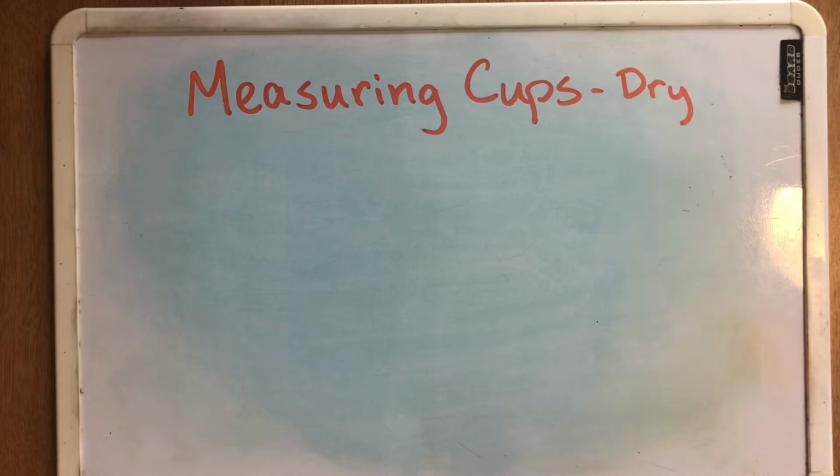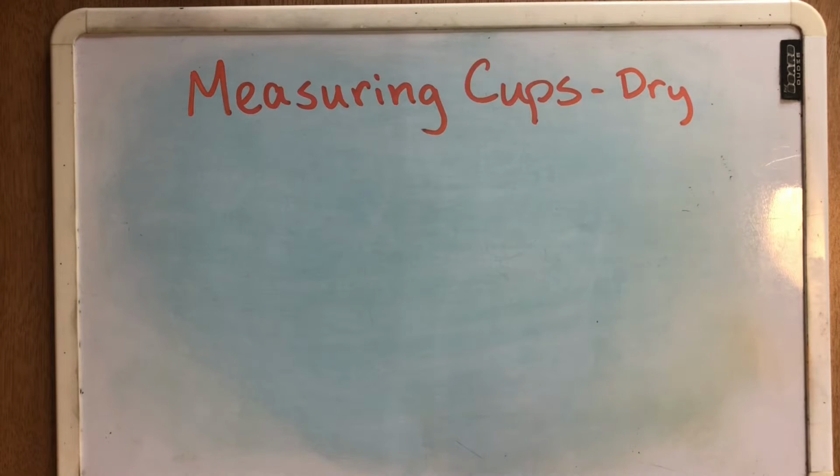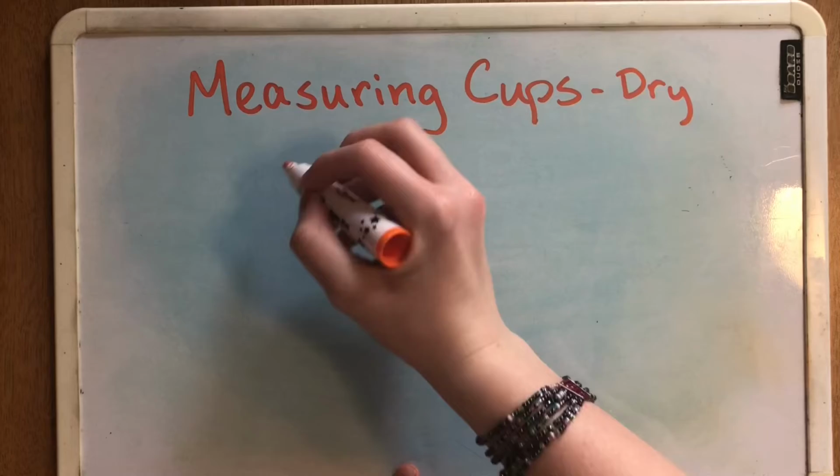The next section of measuring is measuring cups. These are the ones that you've probably seen most often. They're used for dry ingredients or sometimes sticky ingredients like honey or peanut butter. These are the ones that start getting into the fractions.